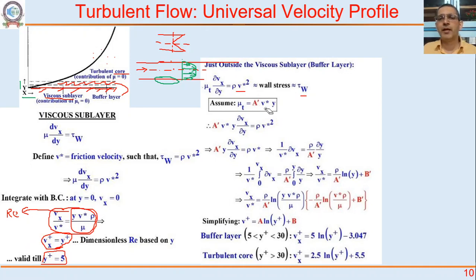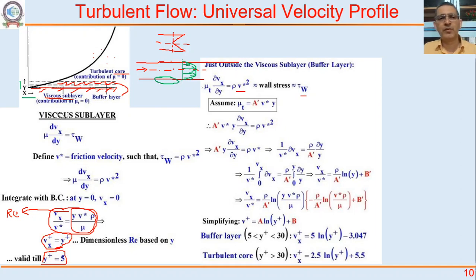V star and y. Substitute that: a v star y dvx by dy is rho v star square. Cancel one v star. a prime y dvx by dy is rho v star. Bring this v star here, dy by y here, rho by a.